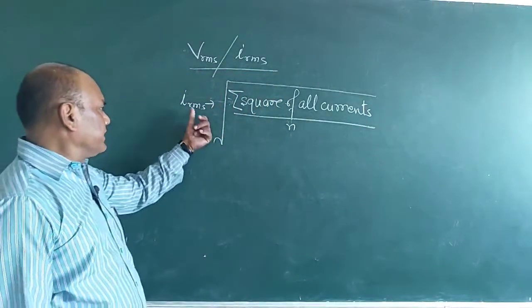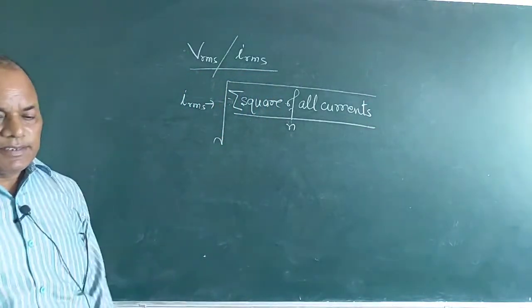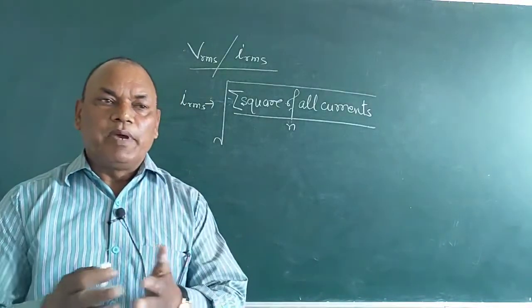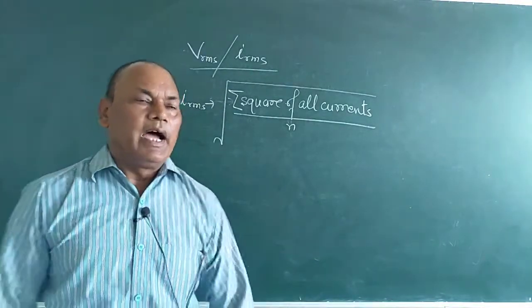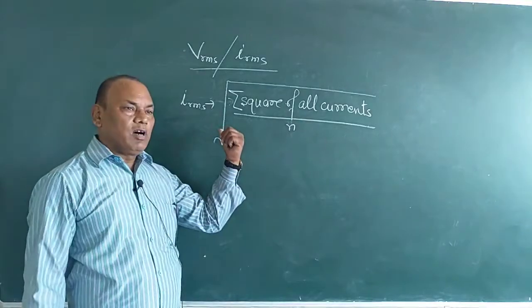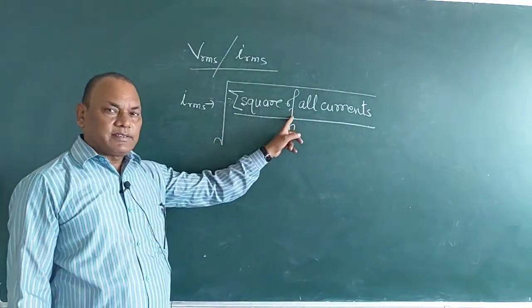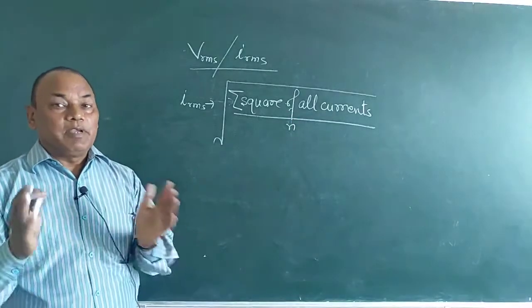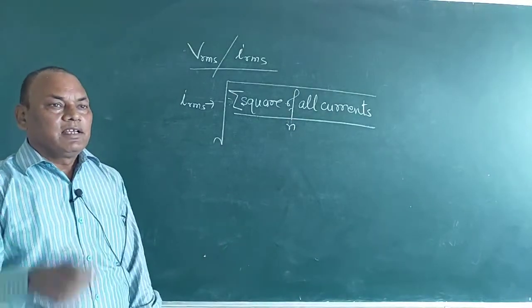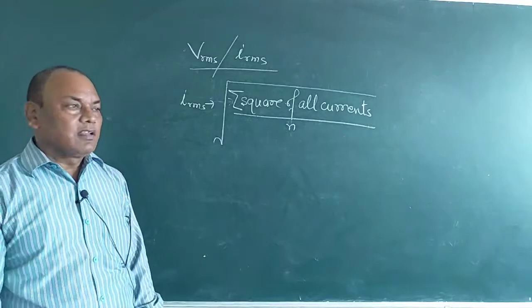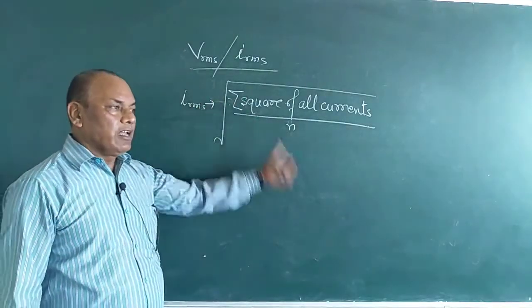This is the real sense of IRMS. If many currents are given and you want to find IRMS, you make the square of all currents, take their mean value, and then take the square root to get IRMS.